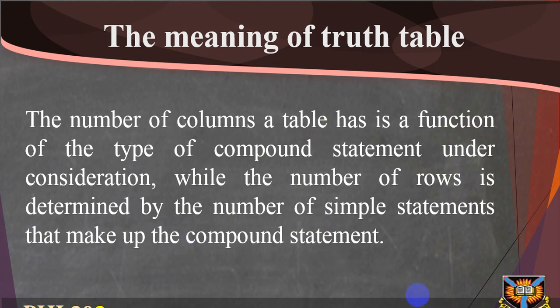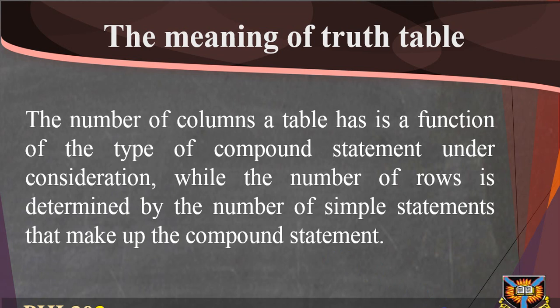For instance, where you have two simple statements forming a compound statement, the number of rows will be 4, whereas if the statements are 3, the number of rows will be 8.